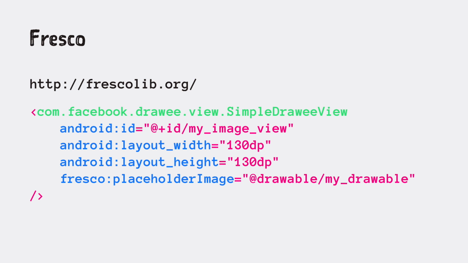In progressive JPEG, you can serve lower qualities of the image and sort of replace them gradually with higher and higher qualities of the image until you reach the maximum available image. This obviously also needs to be supported by the server.